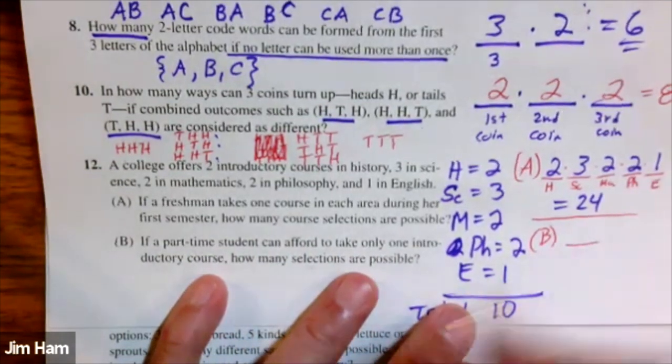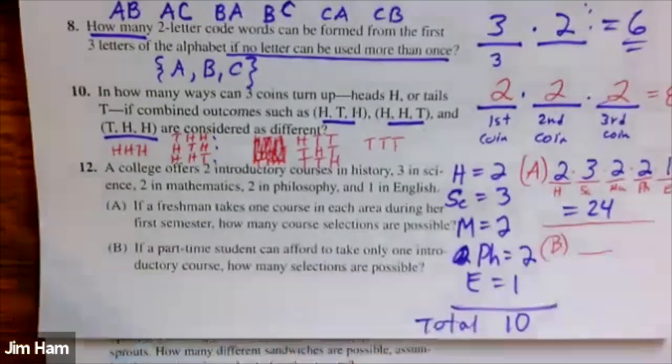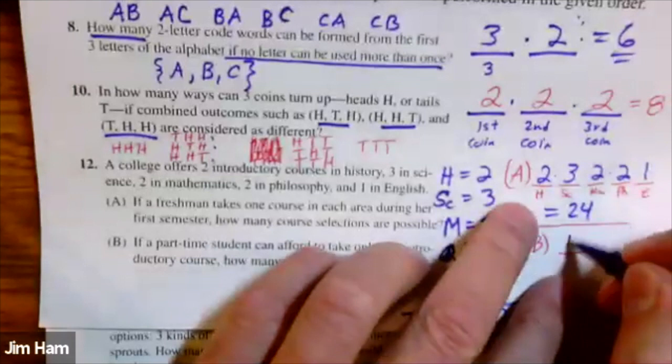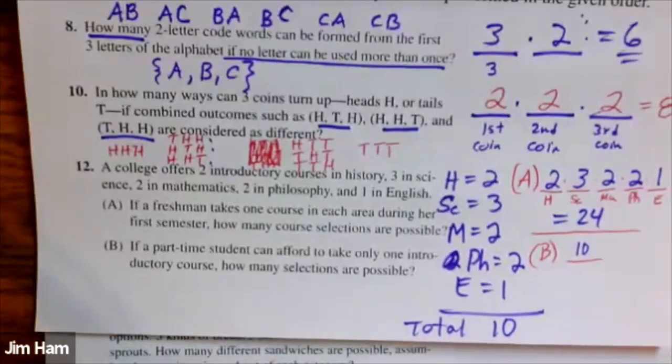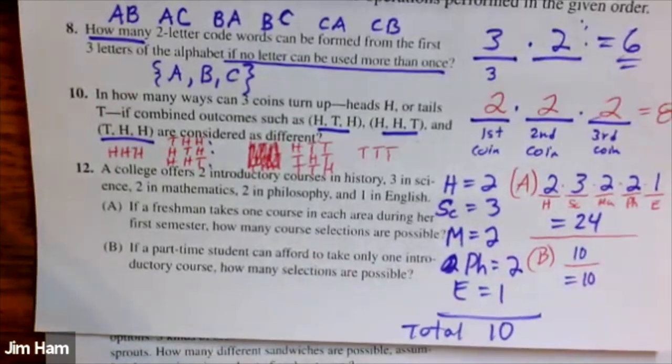So we only have 1 blank there, but there's no restriction on what kind of course it has to be: math, English, philosophy. Since there are a total of 10 possible introductory courses, that part-time student can have 10 different possible schedules of 1 class.